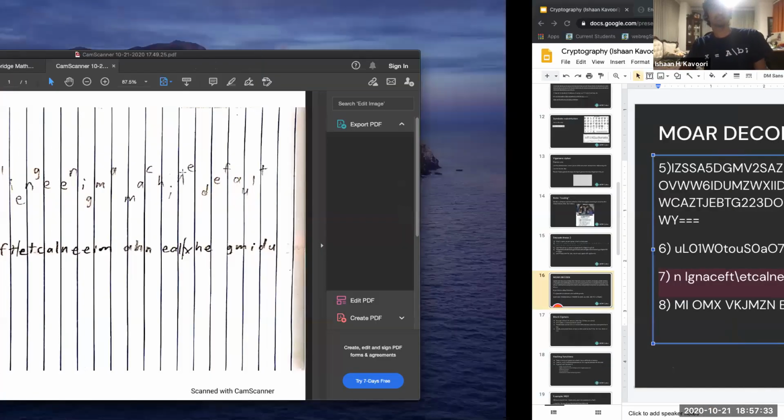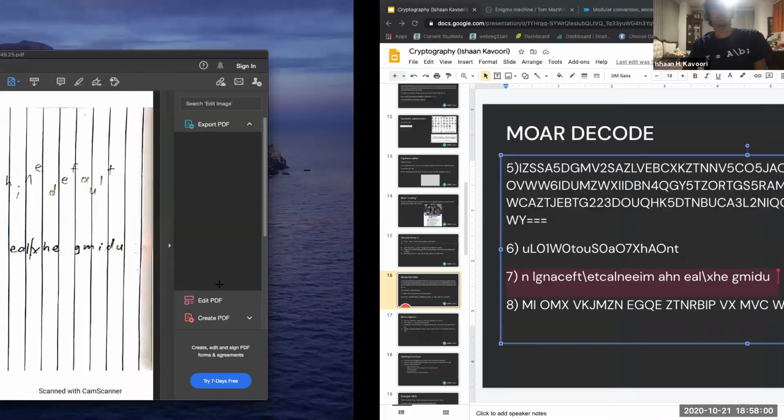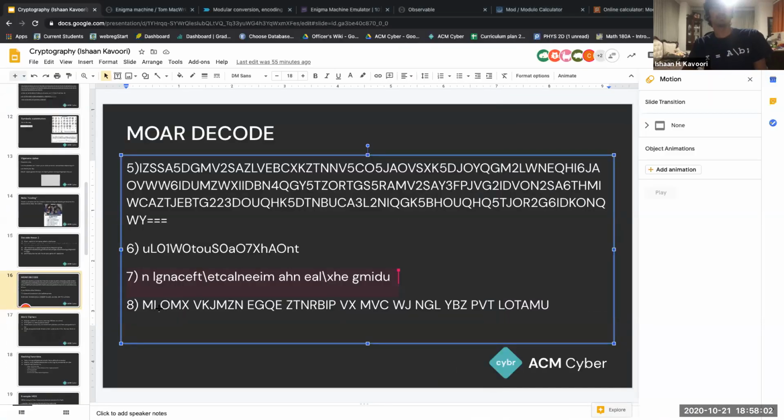And how I wrote that was this. I wrote them zigzag like this. Next space CHALLENG and so on. And then when I wrote it out, finally, I read this from left to right. N space LGNACEFT ET and so on. And so that's what that was over there.